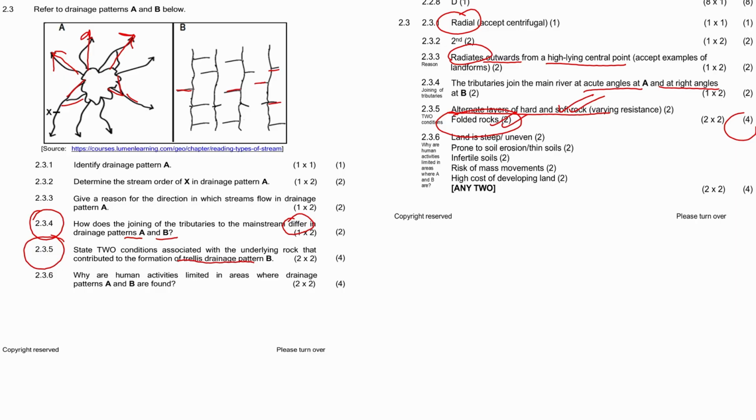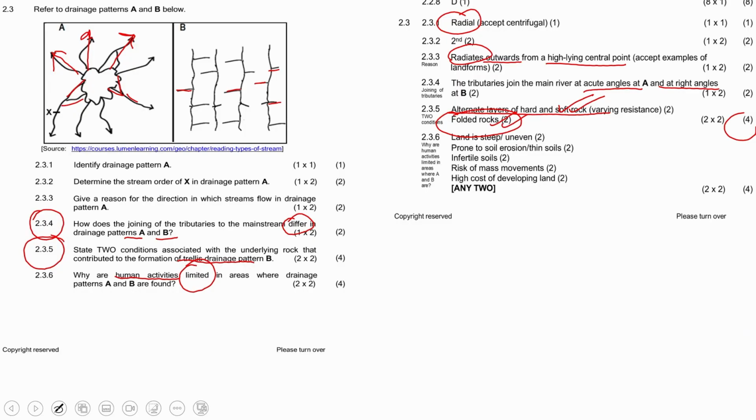We want to understand that you have known the theory, you've got the concepts, but how do you now apply the theory into real life situations, okay? Why are human activities, meaning what people can do, why are they limited in areas with drainage A and drainage B, okay? Remember, in A, we are talking about a hill, a mountain, a butte, or a volcanic crater.